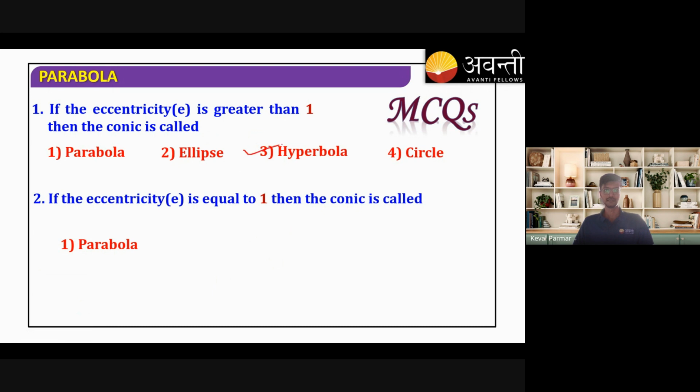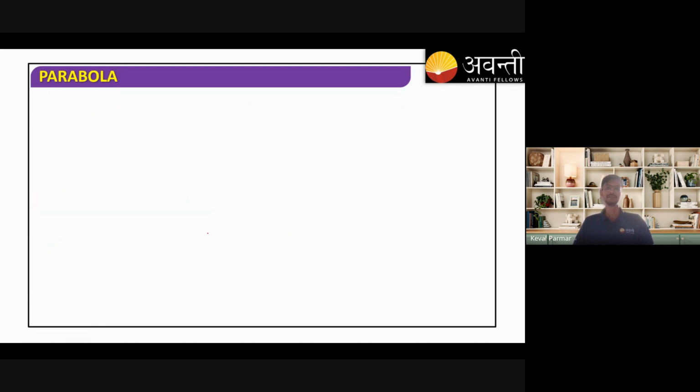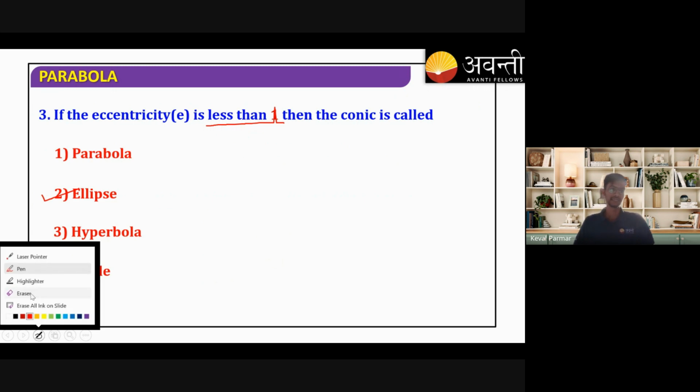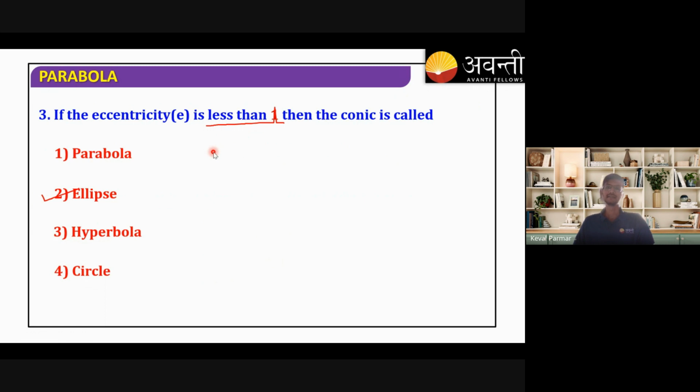Now, if eccentricity equals 1, then the conic is a parabola. If eccentricity is less than 1, then the conic is an ellipse. Obviously, here less than 1 means it is between 0 and 1. As I already told you, it can never be less than 0 because eccentricity is a ratio of two lengths.